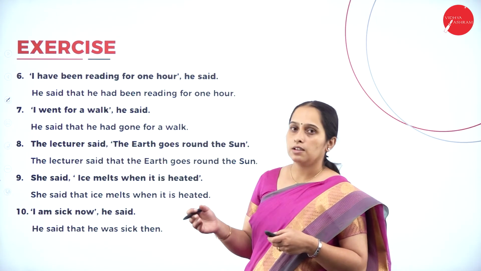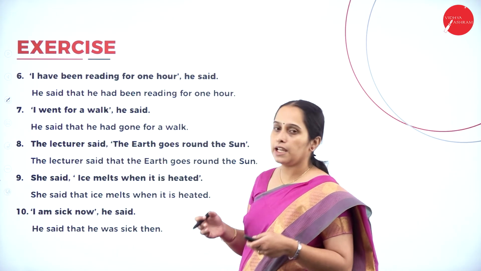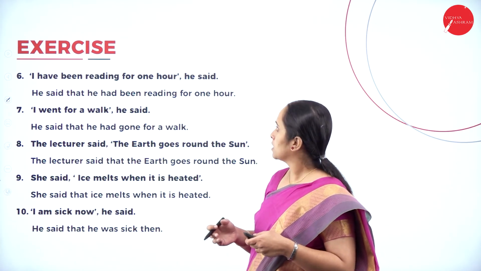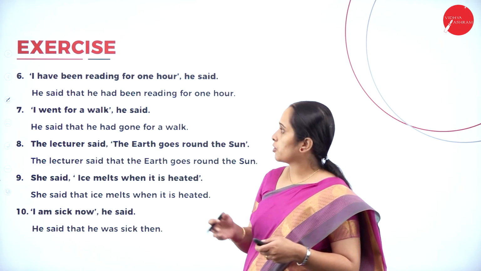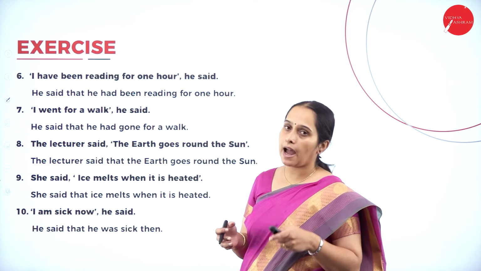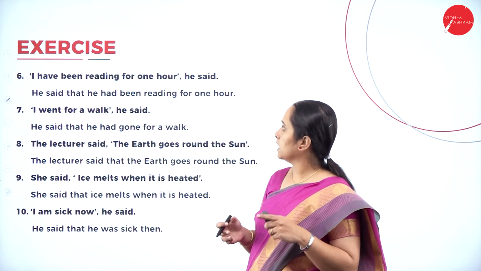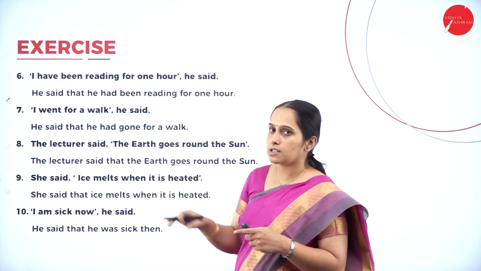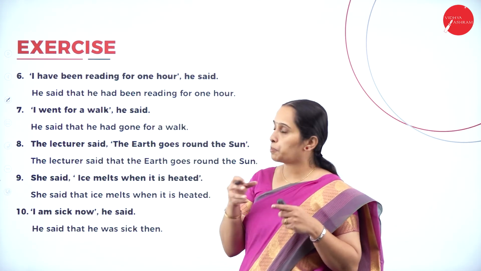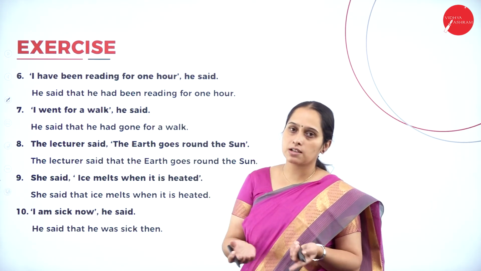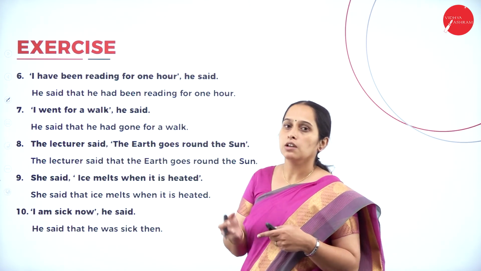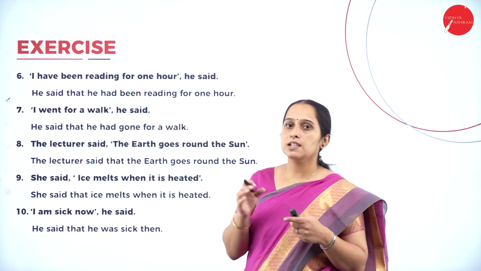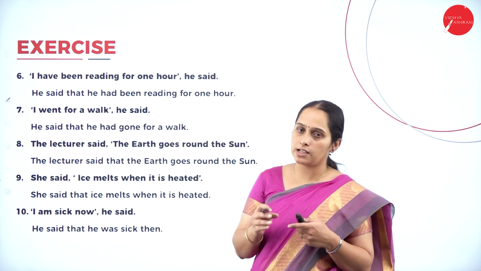Next one. "I have been reading for 1 hour," he said. So, he said that he had been reading for 1 hour. So this is in continuous tense, right? When you change the present continuous tense into past continuous tense, you have to use continuous tense. Only in some cases, there will be little changes.